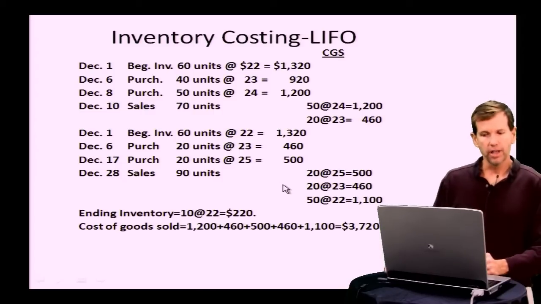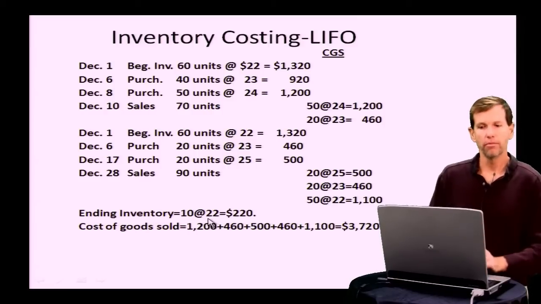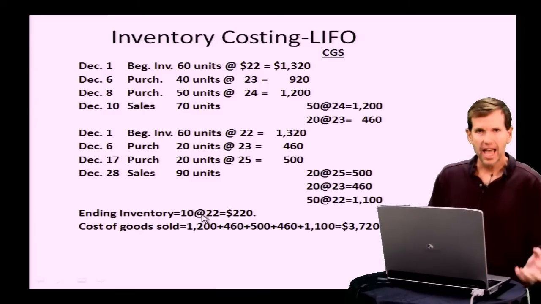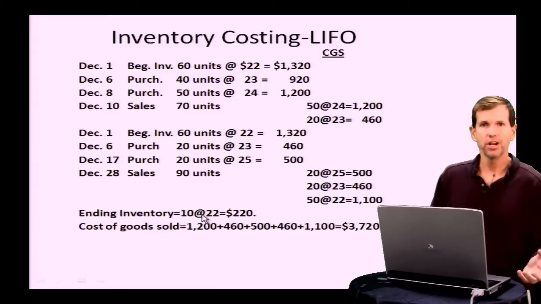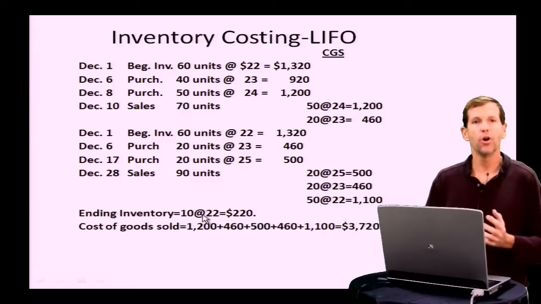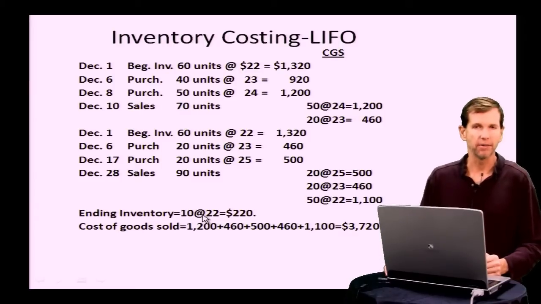Under LIFO, we're assuming that we still have 10 of those chairs from our beginning inventory, so we're putting a dollar value on it of $220. Do we exactly have the 10 chairs from our beginning inventory? We don't know. Again, we've got 10 chairs, but they all look alike, so we don't know exactly which ones we still have. So we're making assumptions here.